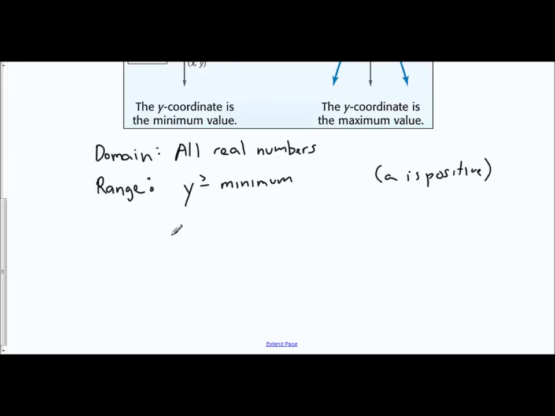Use this logic for when your graph is opening downwards, your y values are going to be less than or equal to your maximum. And that's going to be if a is negative. Now, you don't have to have this concept memorized, that if it's negative, which one do I use? You just have to be able to look at the graph.